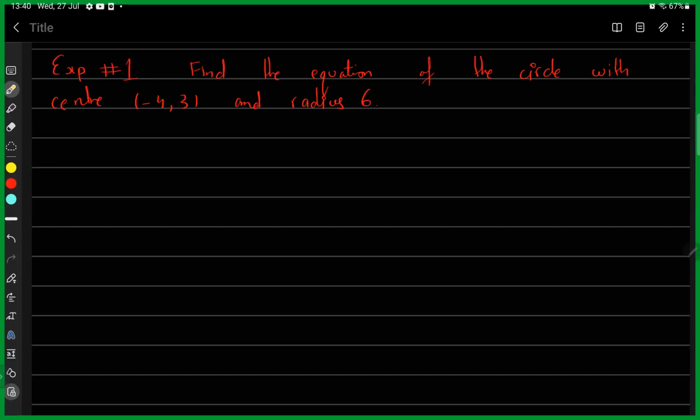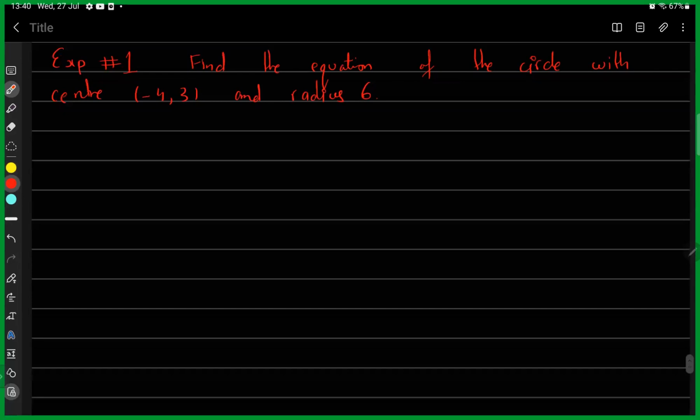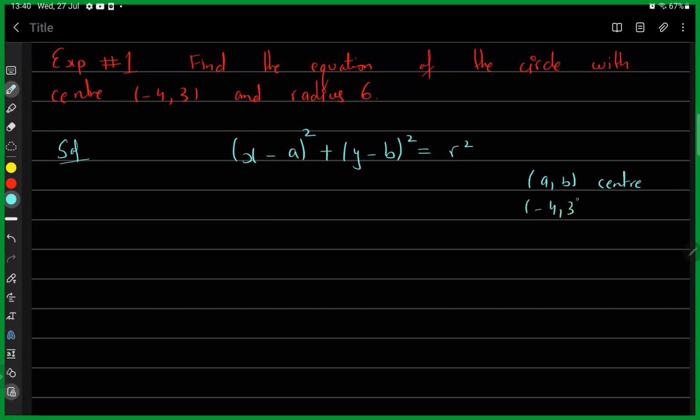Okay, now we know that the general form of the equation of circle is x minus a whole squared plus y minus b whole squared equals r squared, where a and b are basically the coordinates of the center. So this time around, I have -4 and 3 as center. So x minus, then I have a, and for my scenario, a is -4.